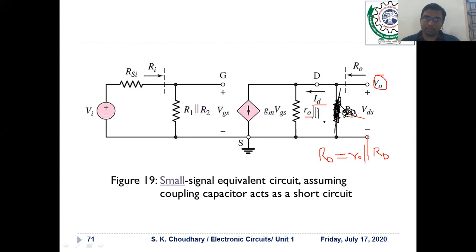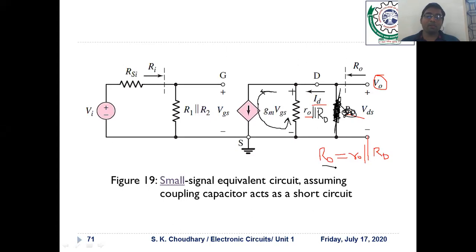Across this resistor there is a current ID flowing. What is the direction of flow of current ID? ID is flowing in this direction from drain to source like this, and then it comes to this end. This is the positive terminal and this is the negative one. So current is flowing opposite to the polarity of the equivalent resistance.